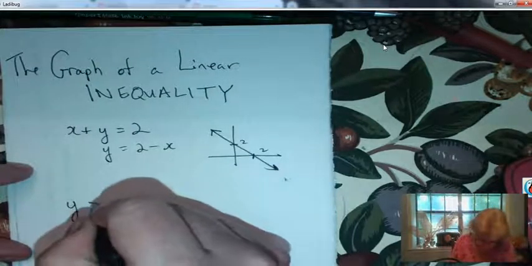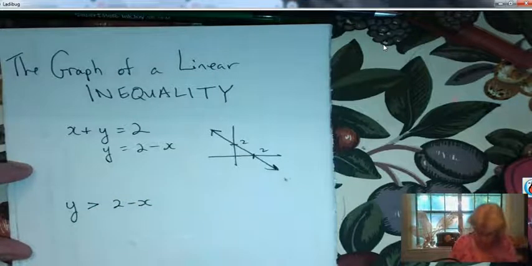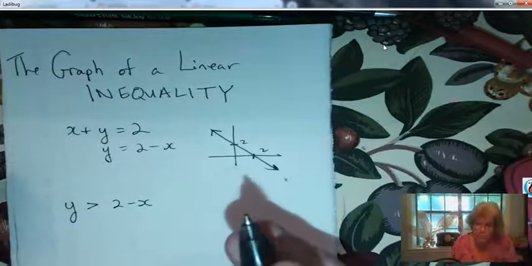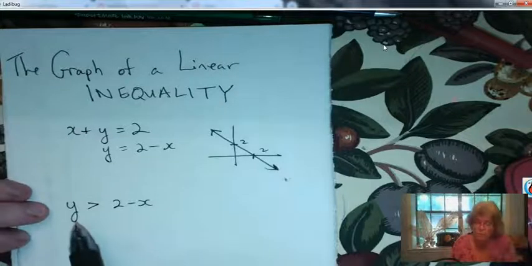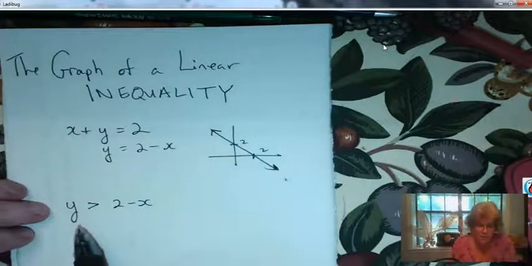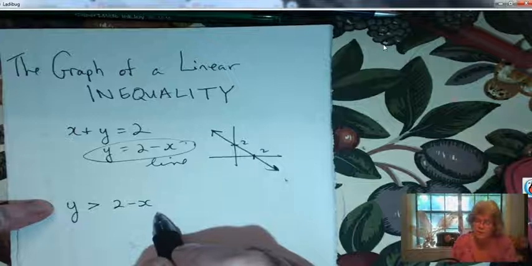So, what if I have that? Well, it's very important that for these rules the form of our line is going to be y by itself on the left-hand side. So when I have something like this, here I have a line, here I will have a region.